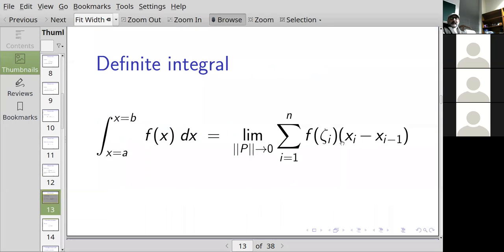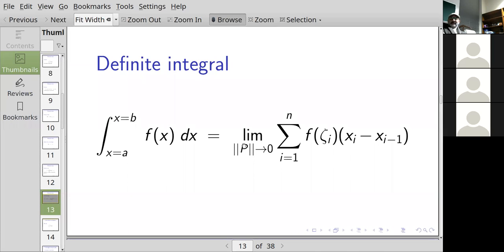Now, if this area under the graph of that function actually exists, then the area under the graph of f of x from x equals a to x equals b is the limit as the norm of the partition goes to 0.